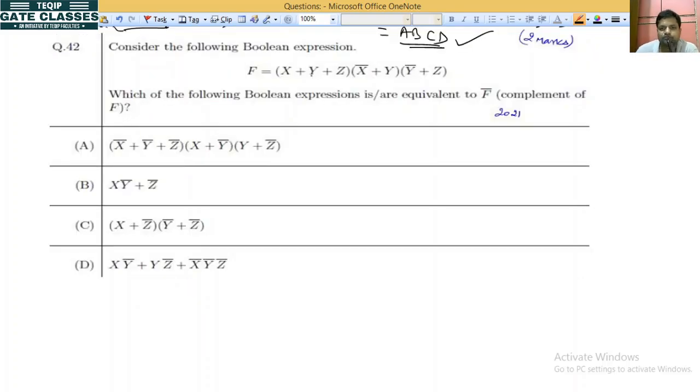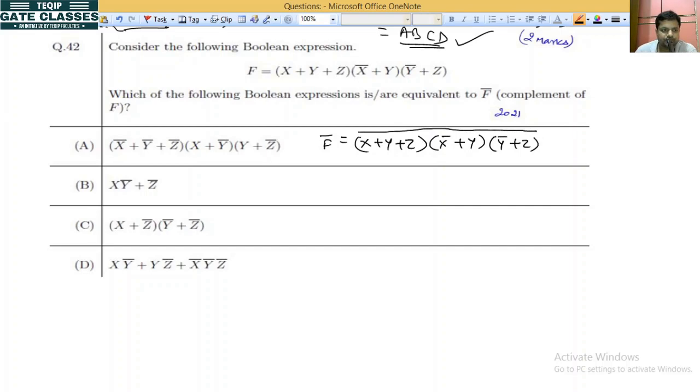Now the next question is, consider the following Boolean expression, this one, and which of the following Boolean expressions are equivalent to F complement. We are taking the complement of this function. So F complement will be (x plus y plus z)(x bar plus y)(y bar plus z), and we have to take the complement of this.